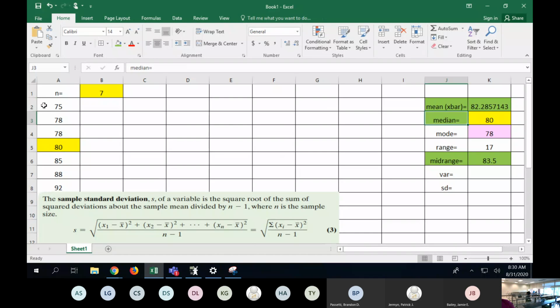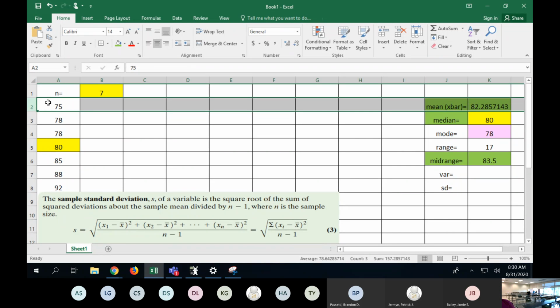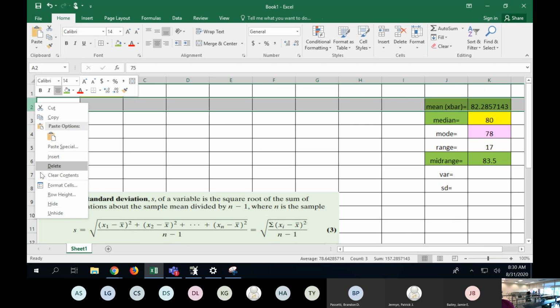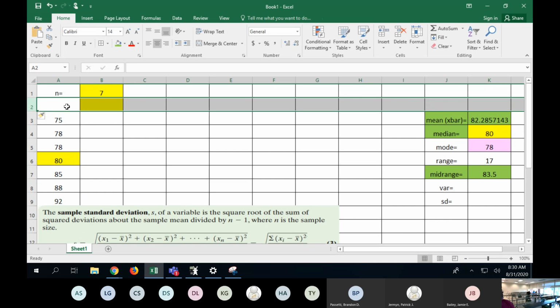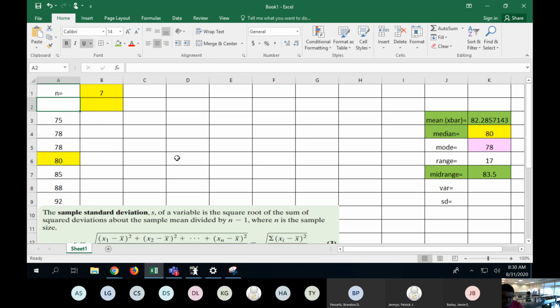I'm going to put a space right here, and I'm going to center it, bold and underlined. And each one of these is X. This column right here, and I'm going to change that to no highlight, is going to be called X minus X bar.